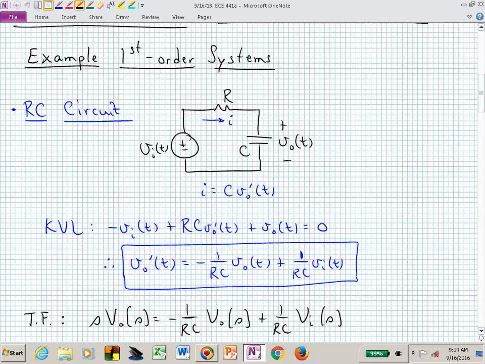It's a scalar, it's a 1 by 1 matrix, but it is an A matrix, where our state vector is V naught, our input is V sub I, and so we have x prime equal AX plus BU. The input matrix B is this scaling of our input. In this example, that's 1 over RC.